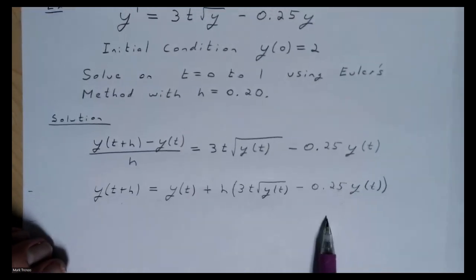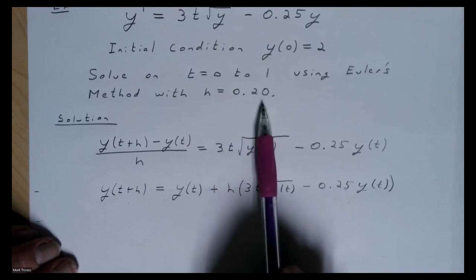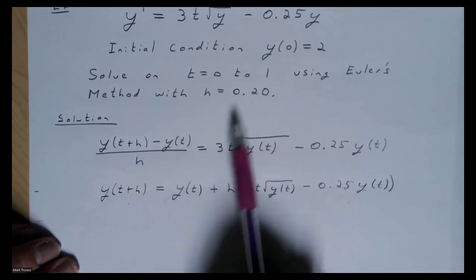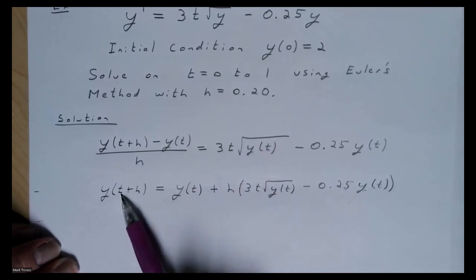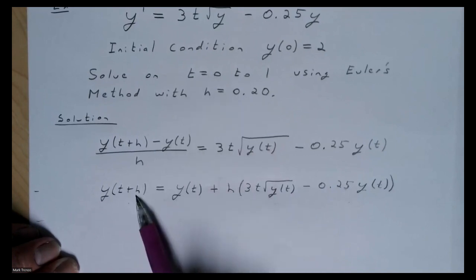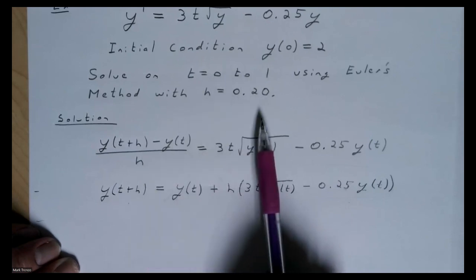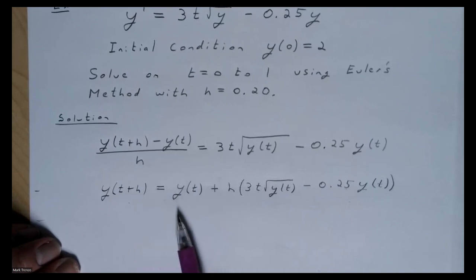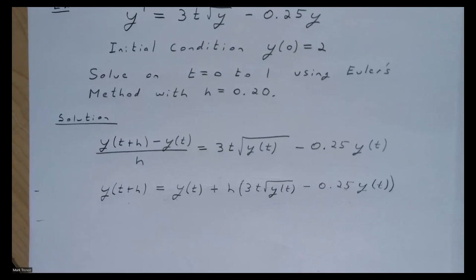We're going to put it over here and then solve in increments. So we're going to solve for the first one, y of 0 plus 0.2, so that'll give us y(0.2). Then we're going to solve for y(0.4), then y(0.6). And we're going to use the information we got from the previous step to do that. So let's go ahead and do that.